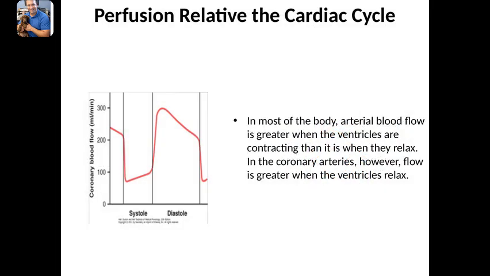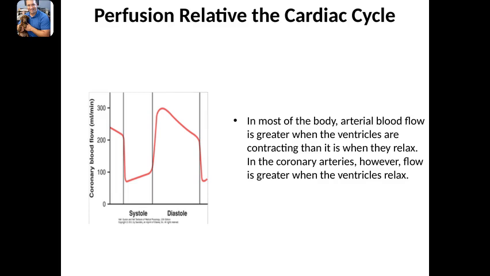The heart, when it goes lub-dub, lub-dub, we know that there's a contraction of the heart that is called systole, whereas diastole is the relaxation of the heart. And so when the heart contracts powerfully from its ventricles, the arterial blood flow is going to be greater.